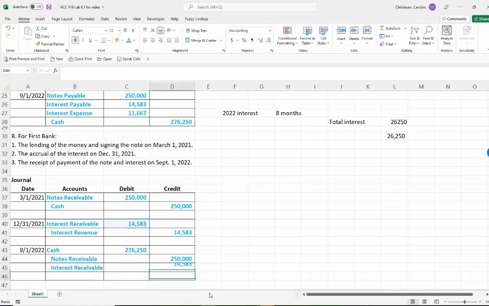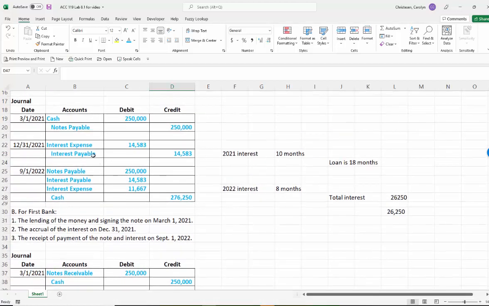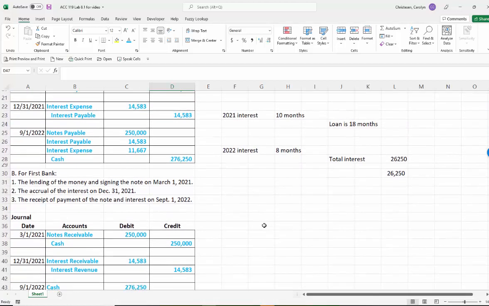That's the 14,583. And then it's going to record the interest revenue for 2022, and that's equal to this 11,667. Okay, so now the bank mirror image, everything is the mirror image. It has revenue and receivable, whereas the borrower has expense and has payables.